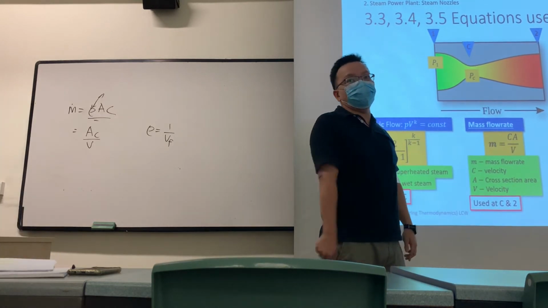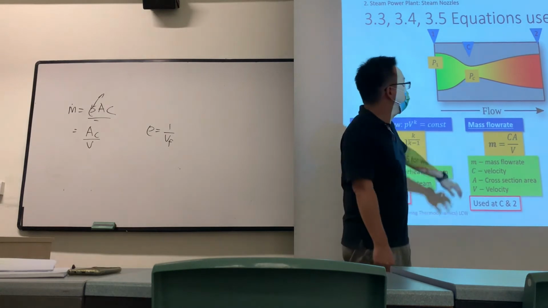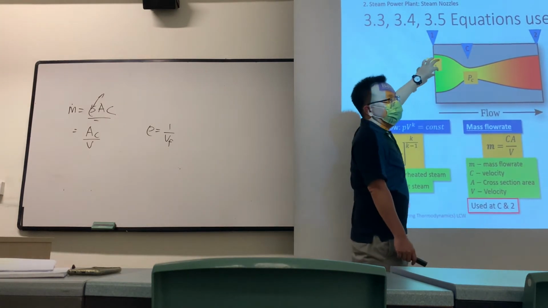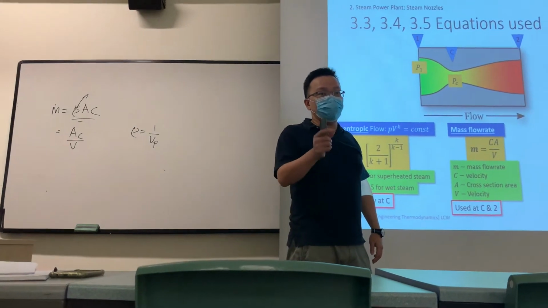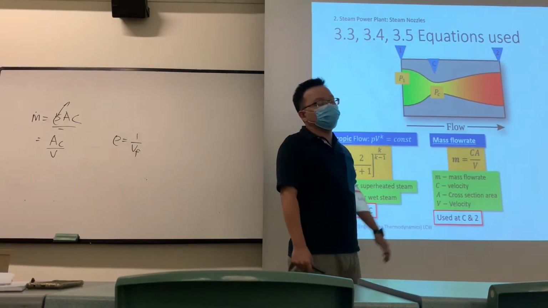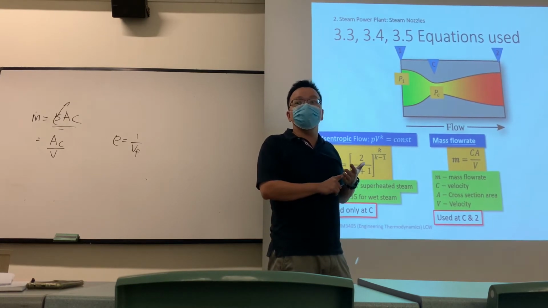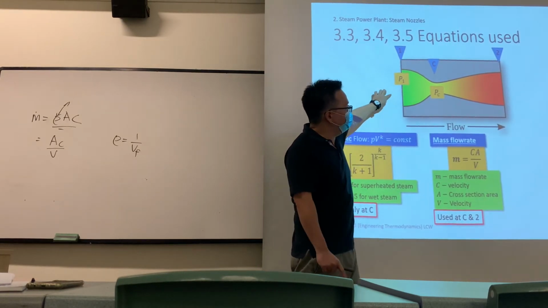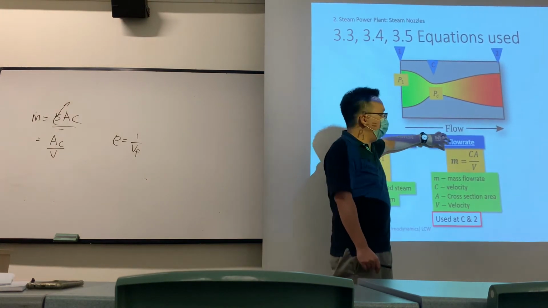But the issue is, to derive these equations, what they assumed was that the velocity here is very, very small. I repeat, the velocity here is assumed to be very small, close to 0. When it is close to 0 here, by assumption, your C becomes 0. What happens to your mass?